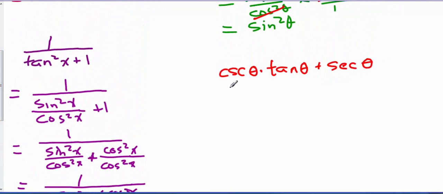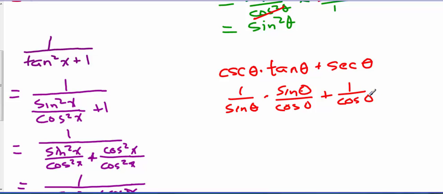A couple more here, I'll go through them fairly quickly. Cosecant is equivalent to 1 over sine. Tan is sine theta over cos theta. Secant is 1 over cos. Now, again, a couple of things. The first thing I would notice is I'm going from secant, which is sort of in a nice form, to the reciprocal 1 over cos, which essentially is bringing me in a fraction.